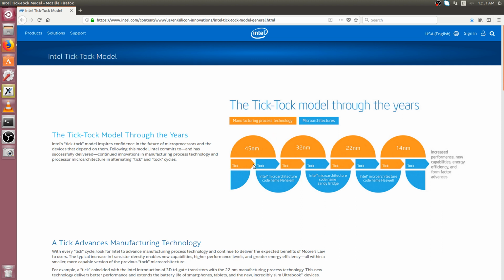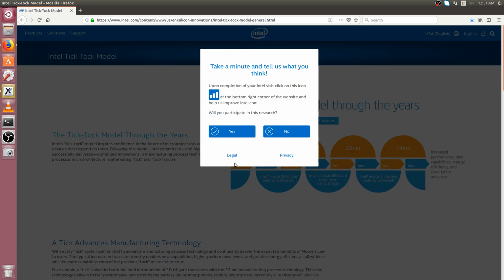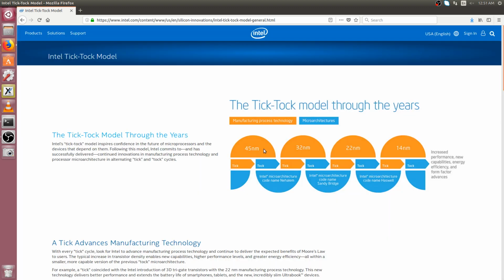So it looks like, so in tick, no. Okay. So let's see. In tick, they are within a technology, and they move to a new microarchitecture. Okay.